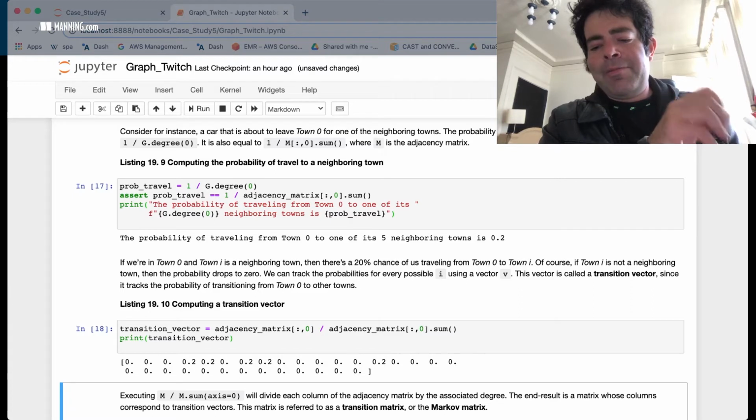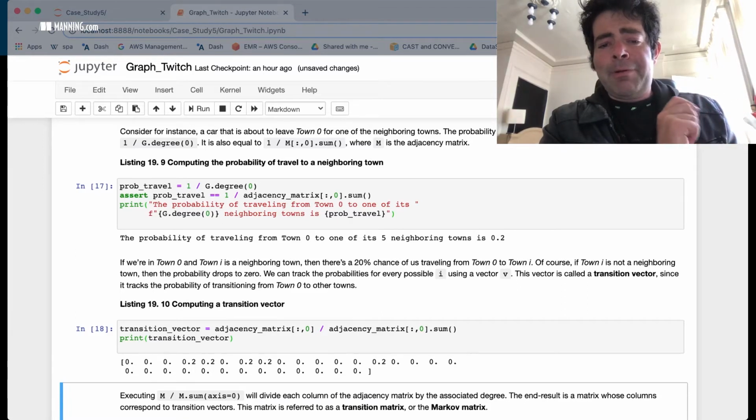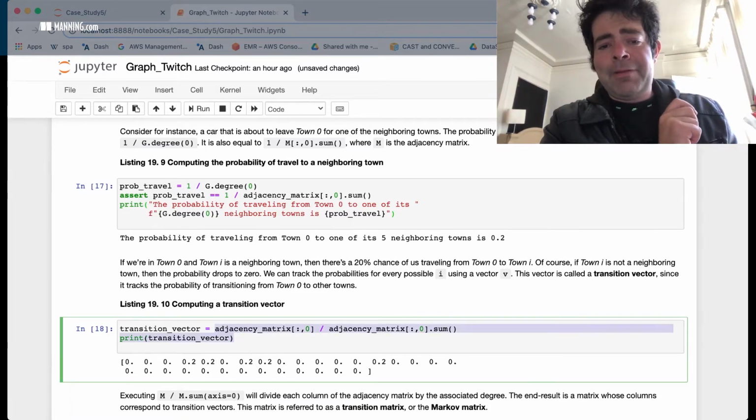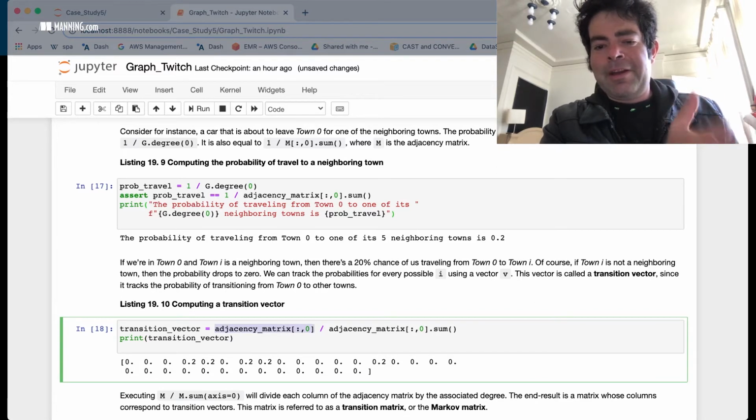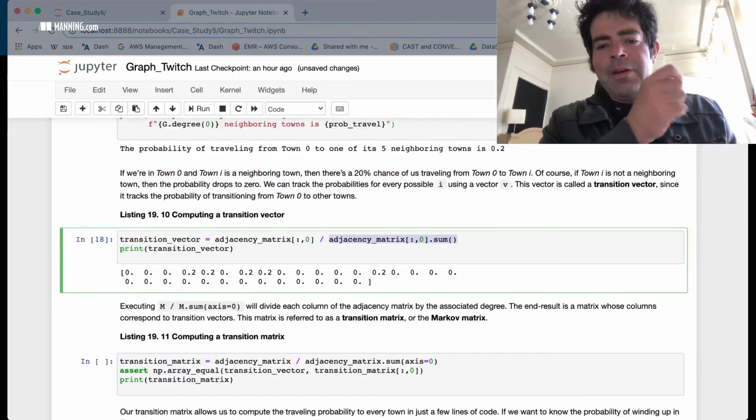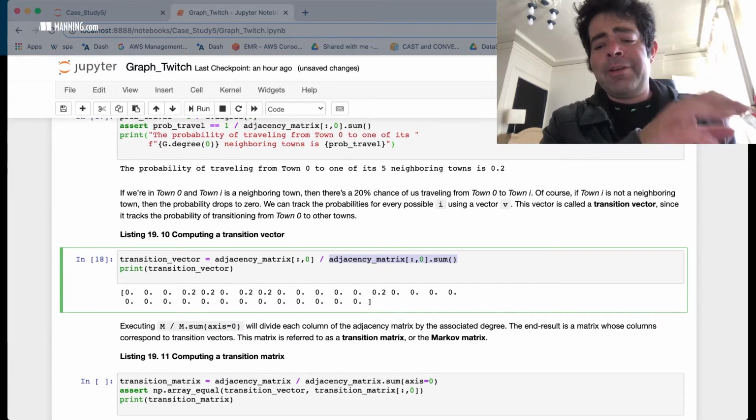And so this is a more coherent way of tracking all of these transition probabilities. Again, another simple way of computing it is by taking an adjacency matrix row or column, it doesn't matter, and dividing it by the column sum. So we computed the transition vector for a single town, but we have 30 other towns in our graph system.